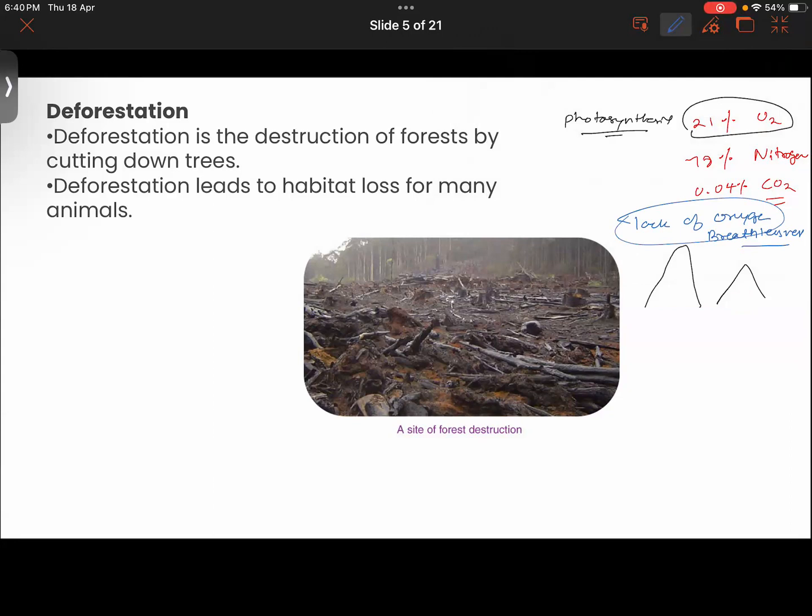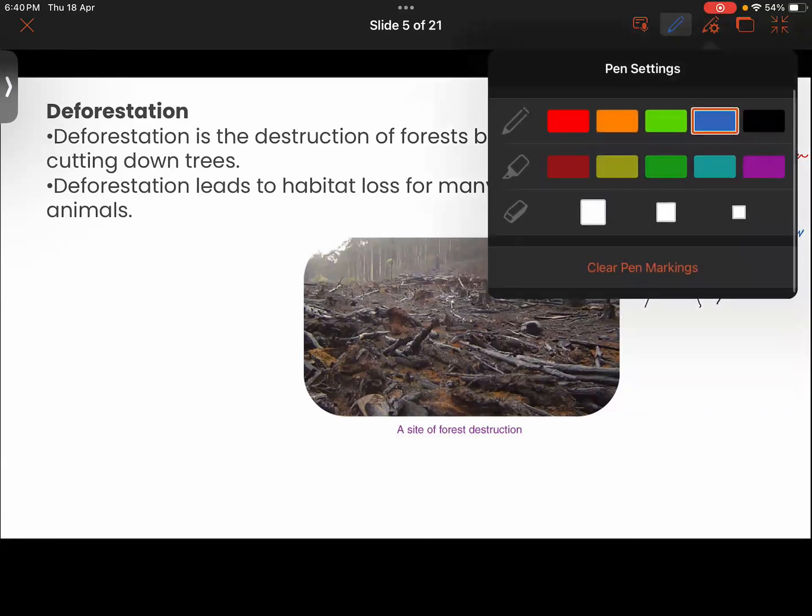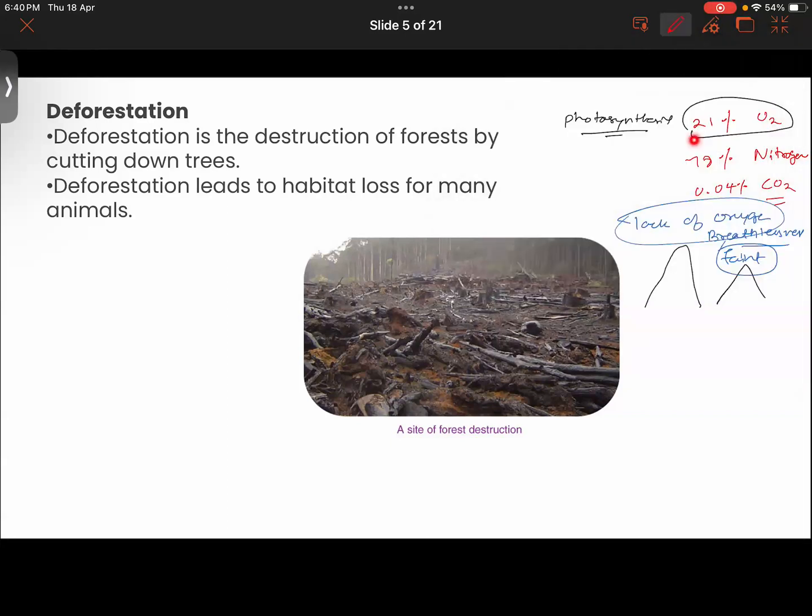That's why we develop several problems. In fact, a person can faint also. In the same manner, if the composition of oxygen in the atmosphere were to decrease, we would have so many different problems. We will not be able to function properly.